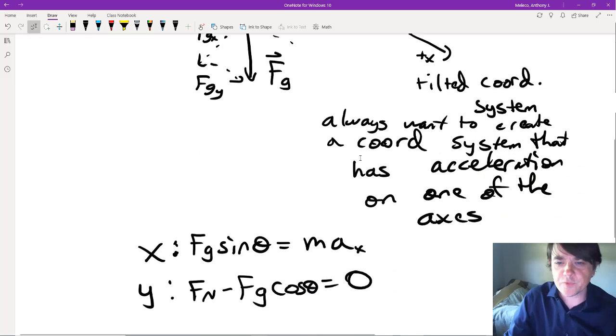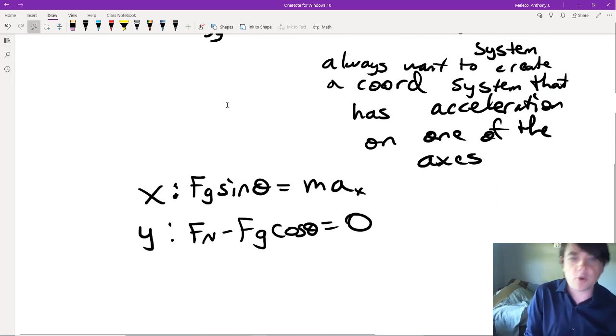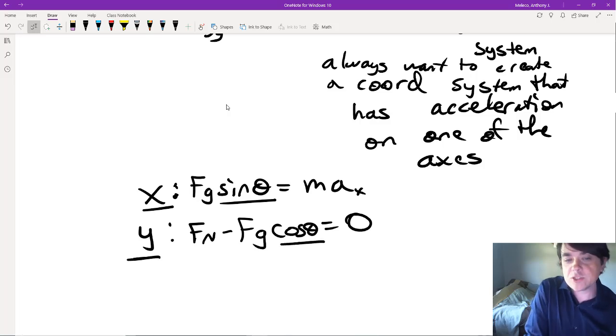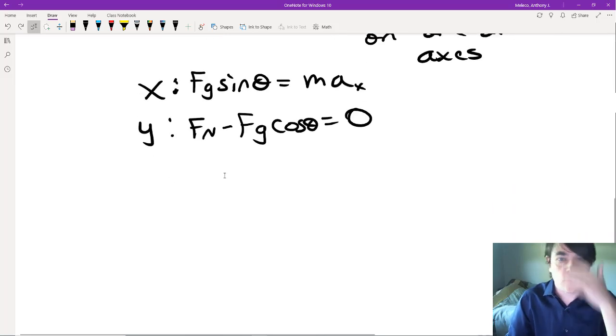So these are the equations that we need for this particular type of problem. The issue that gets people is that sine is now associated with x and cosine is now associated with y, which isn't typical. Up to this point, almost everything has been cosine is x, sine is y, and you just get used to it.